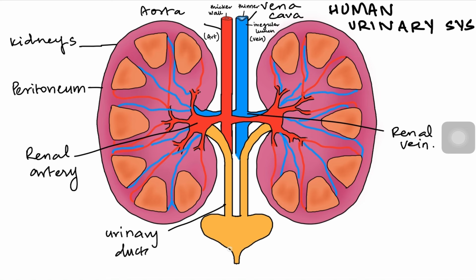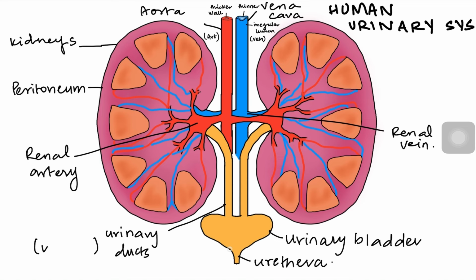There is a urinary duct, or generally people call it the ureters. Then we have the urinary bladder, which carries the urine, I should say. And then we have the urethra, which is the final tube through which the urine is eliminated. The urinary duct is also known as the ureters.